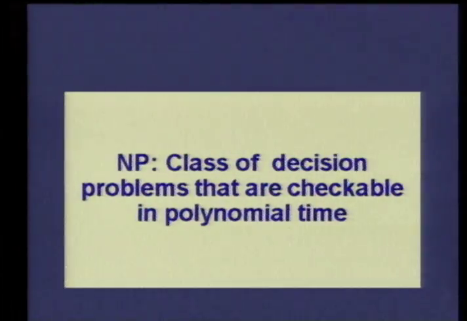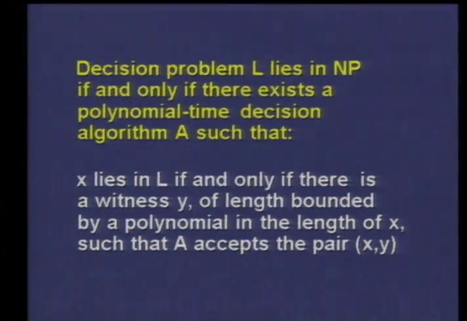Let me give a more precise definition of the class of problems NP. We'll say that decision problem L lies in NP if and only if there exists a polynomial time decision algorithm A with two inputs, x and y, such that the input x should be accepted in problem L if and only if there is another string y that we call the witness or the solution, of length bounded by a polynomial in the length of x, such that algorithm A accepts the pair x, y.